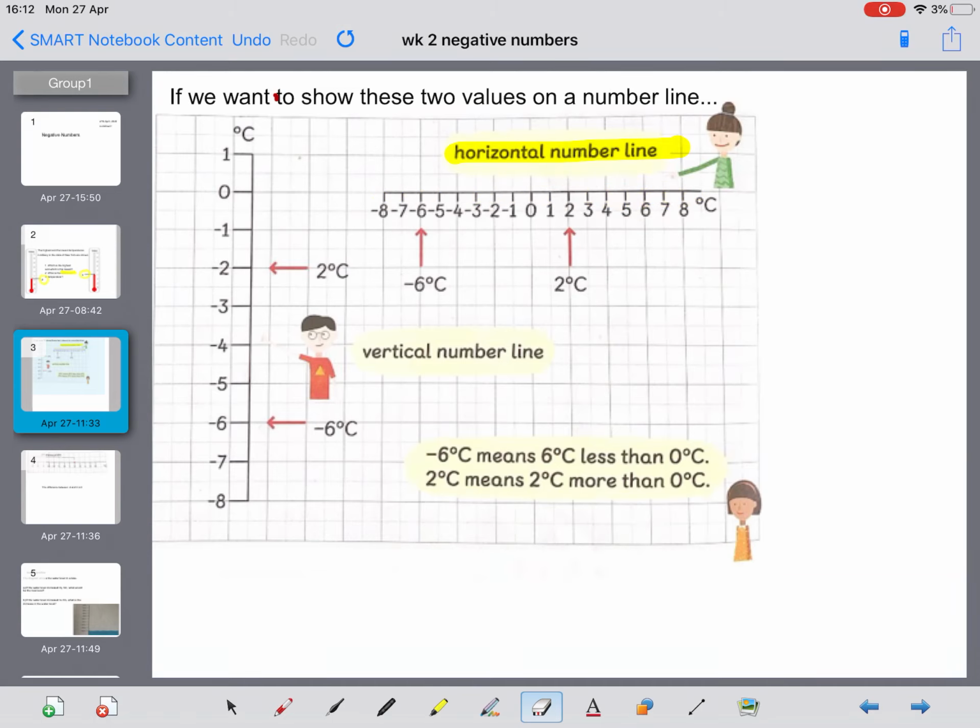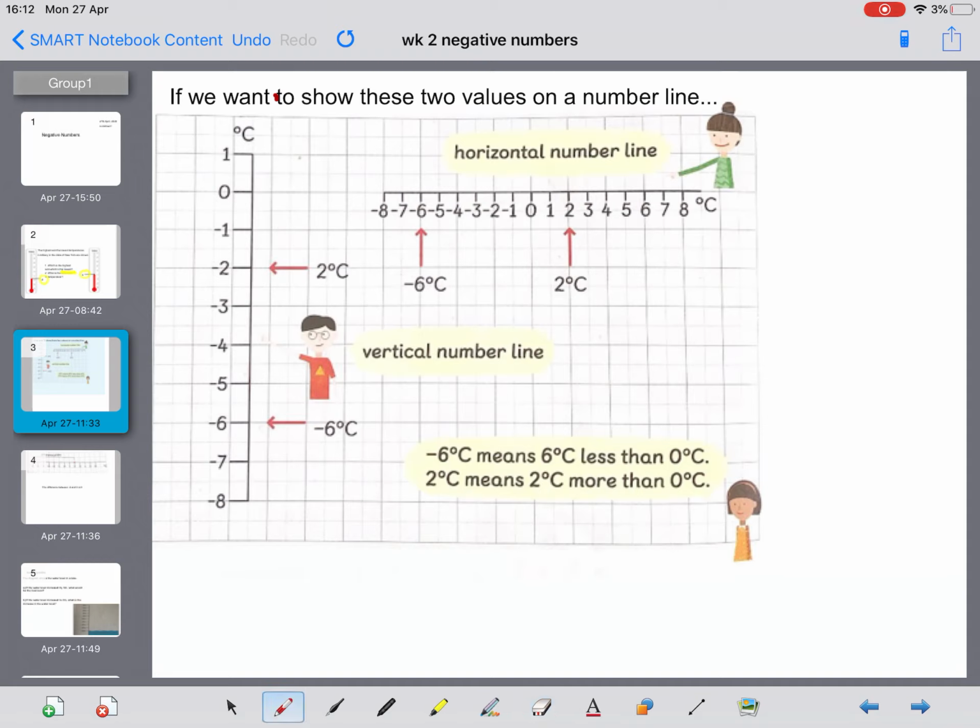And we're just going to count them. So I'll get the pen. And we're going to go 1, 2, 3, 4, 5, 6, 7, 8. So the difference between 2 and -6 is 8. That's on the horizontal number line. It's going to be the same on the vertical one, it's just a different way of setting it out.